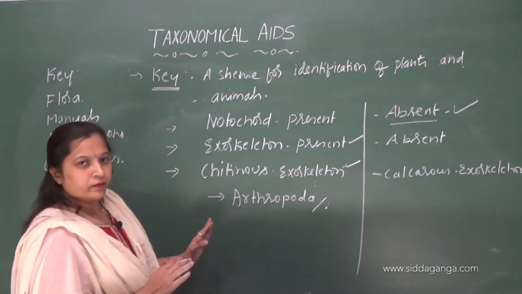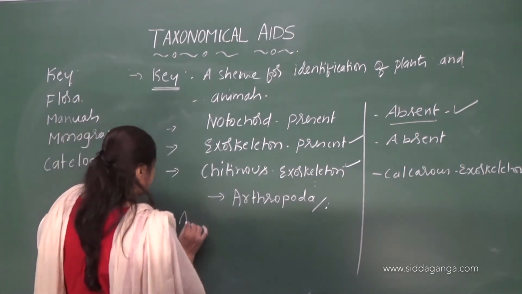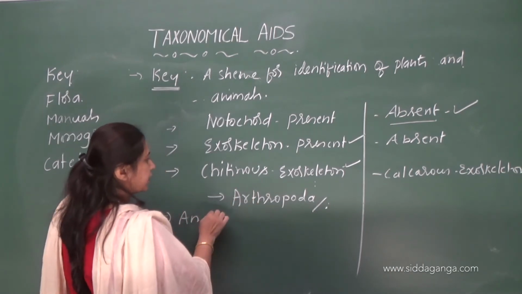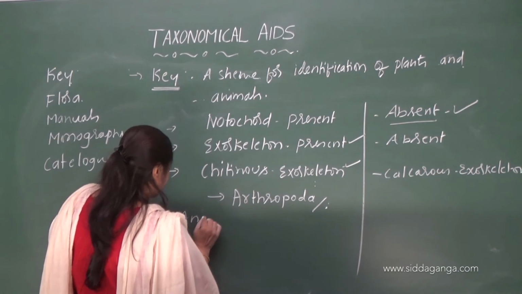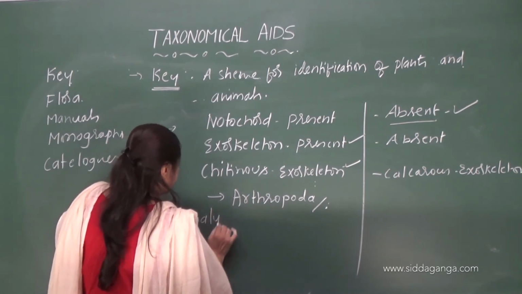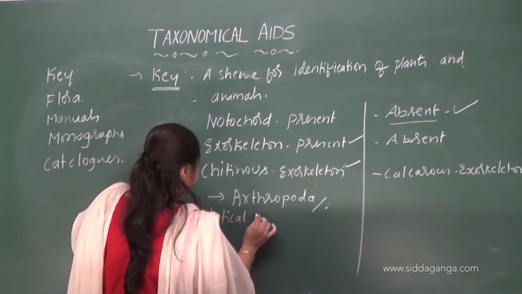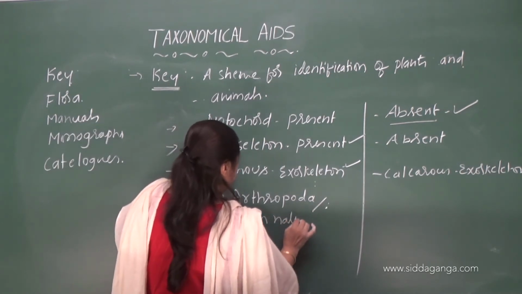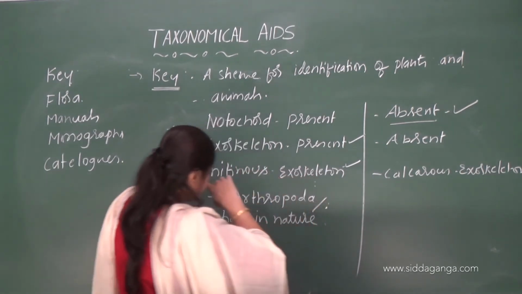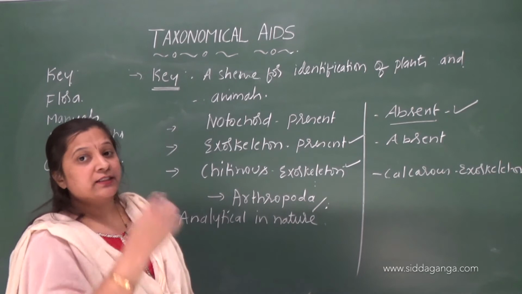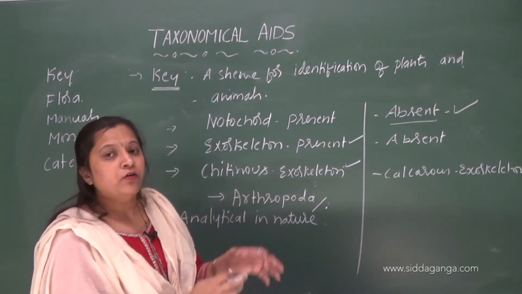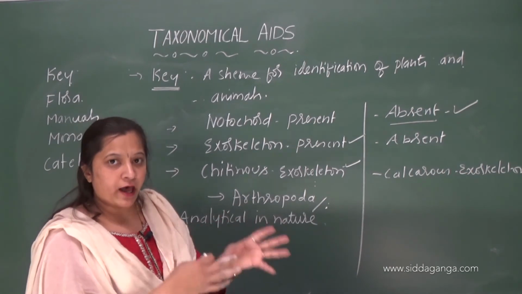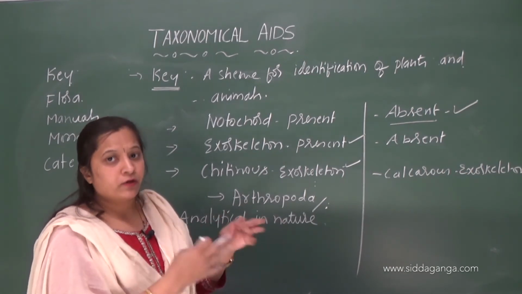The keys are analytical in nature. By choosing the correct option, we arrive at the accurate identification. There are separate taxonomic keys for separate taxonomic categories: for genus, for family, for species, for class, order.